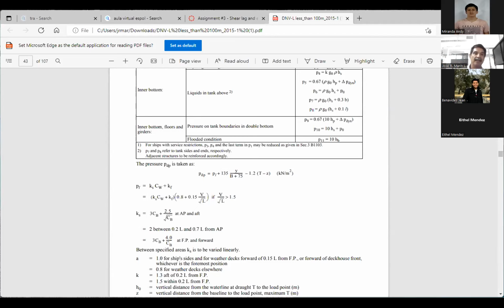The thing is this, right? Let's suppose that in a couple of years, you have an assistant, a student in ship structures, and you have already become an engineer. You ask him, please, assistant, calculate the pressure on the deck. He opens this document, calculates and gives you a number, any value, in kilonewtons per meter square.